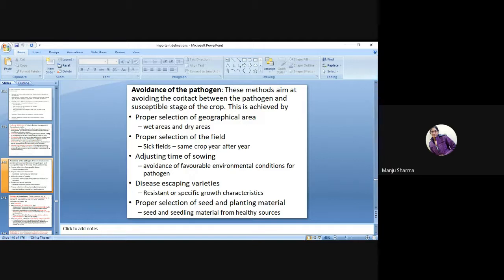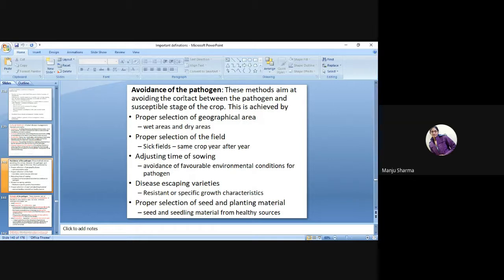So this is achieved by proper selection of geographical area, wet areas and dry areas.